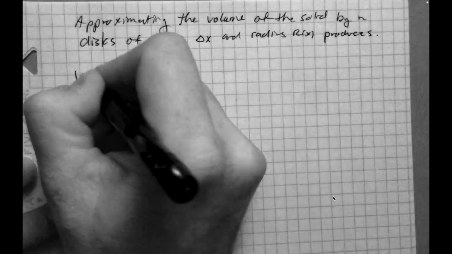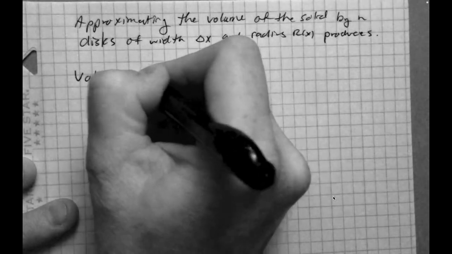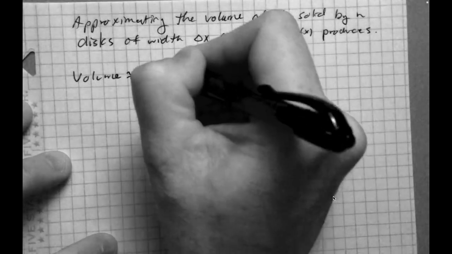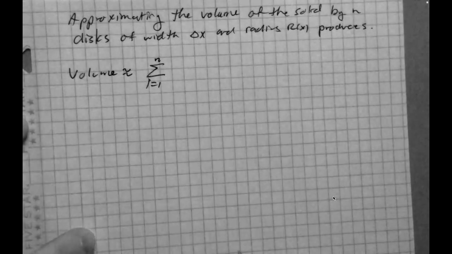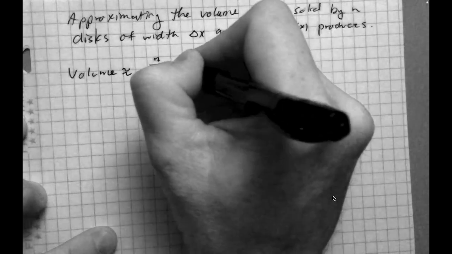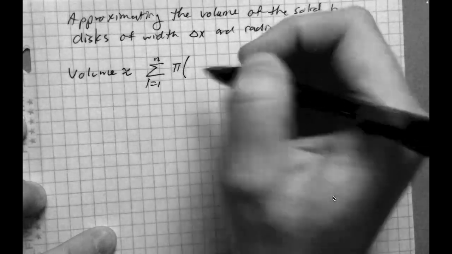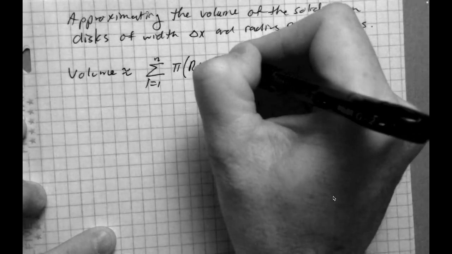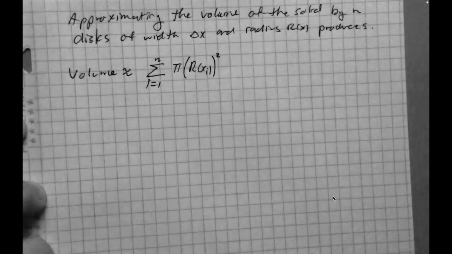Of course, you're going to have the volume approximately equal to the sum i equals 1 to n, right? We're going to add up the volume of all those little disks. Now each of those little disks is going to have a pi in it. It's going to have the radius squared, but because the radius is going to be different, we have to use the function r.